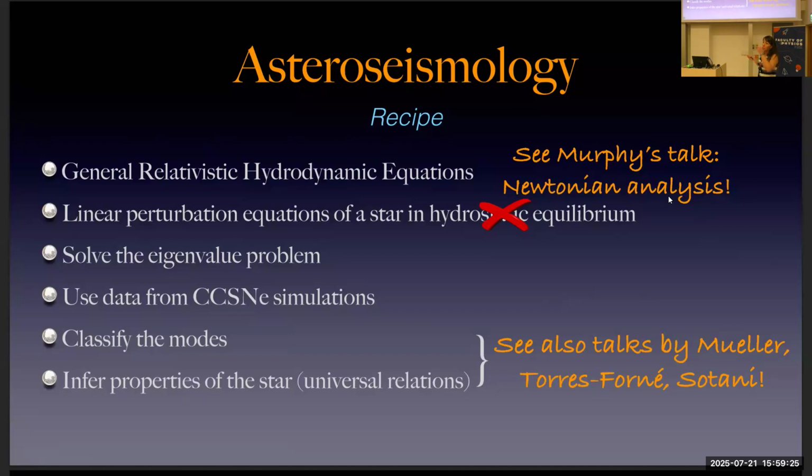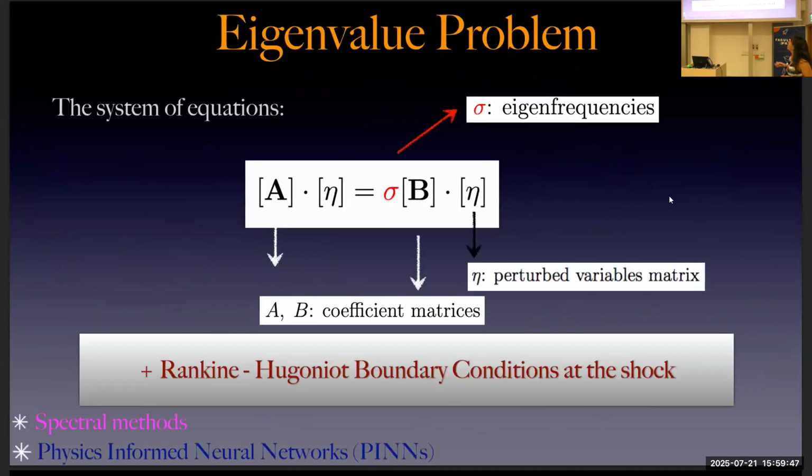Once we obtain the solutions, there is the tricky part of classifying the modes and inferring properties of the star through universal relations. About these last two, there have already been some mentions, and there will be even more. So today, I'm going to focus on how to solve the eigenvalue problem and the methods we have proposed.